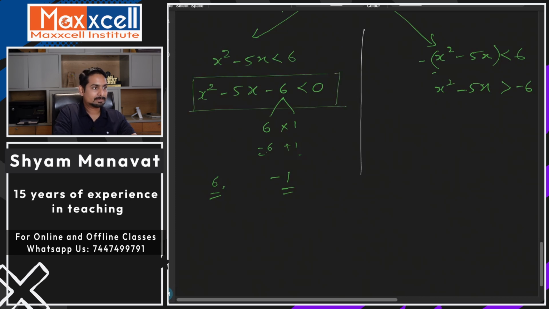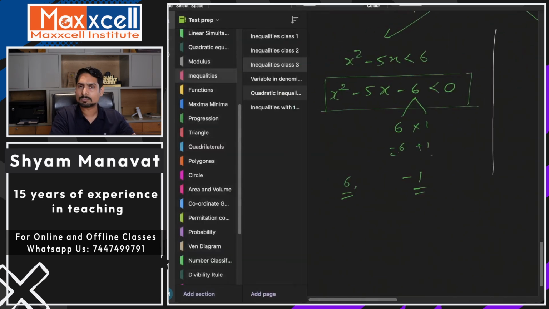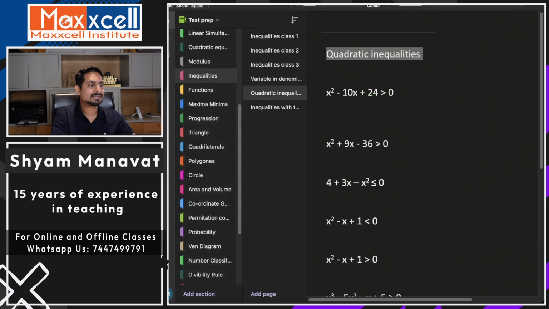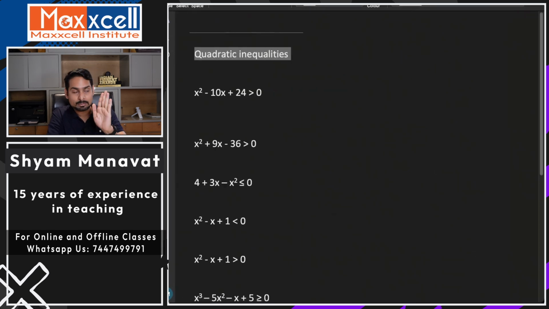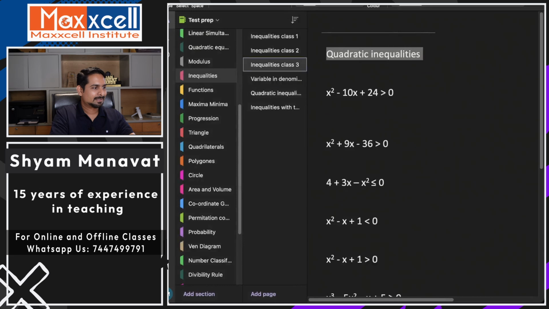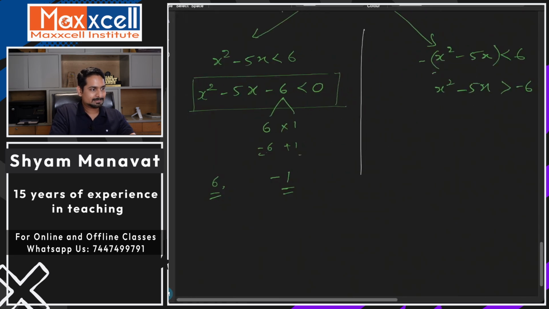Now I am going to write some answer here which might surprise you, and don't worry, I am going to discuss that in detail when we discuss only quadratic inequalities. So hold on. Yeah, so in this case we will say x is more than minus 1 and less than 6.